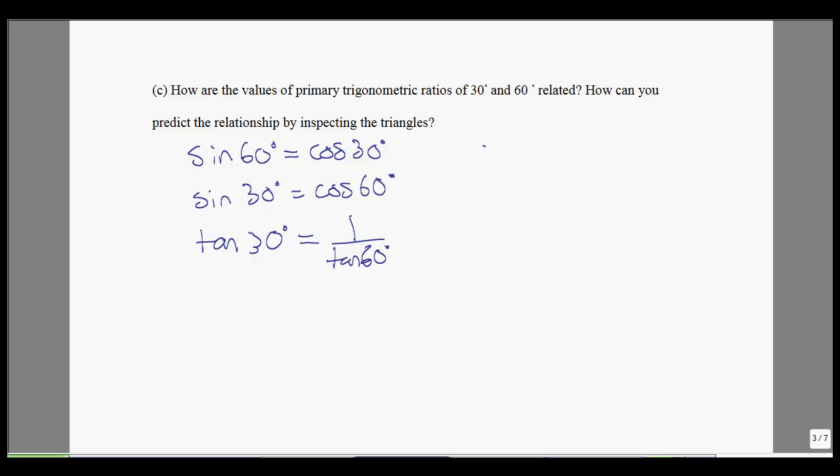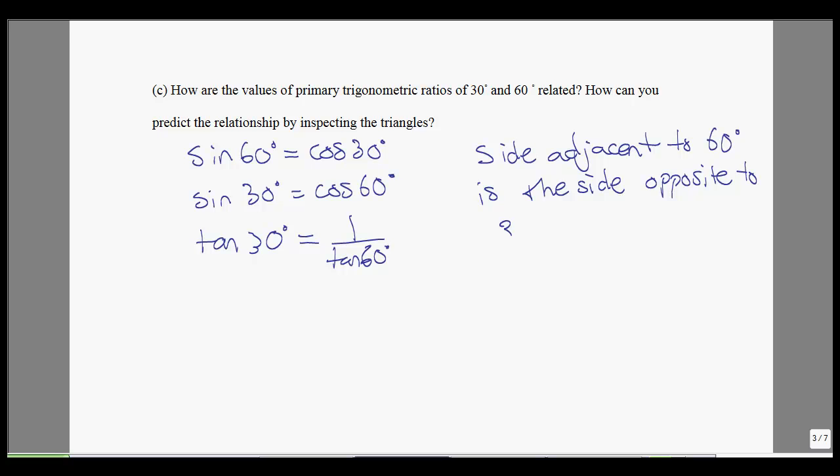Hence, we can say the side adjacent to 60 degrees is the side opposite to 30 degrees, and vice versa.